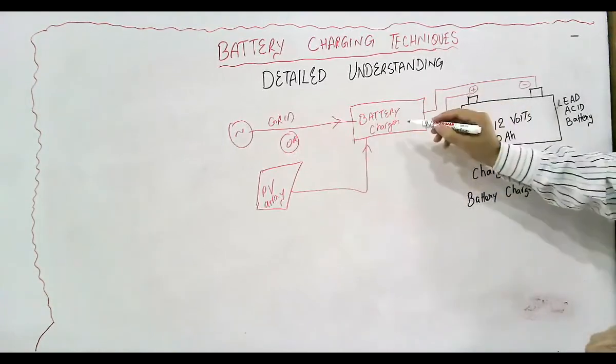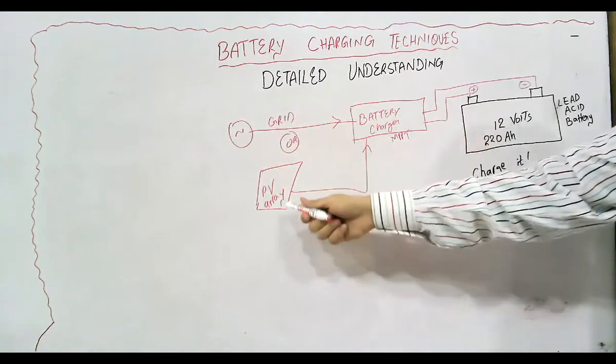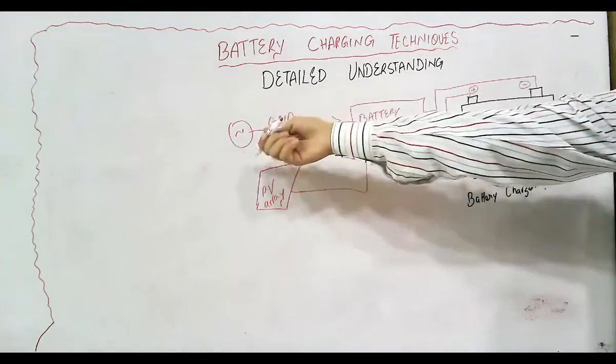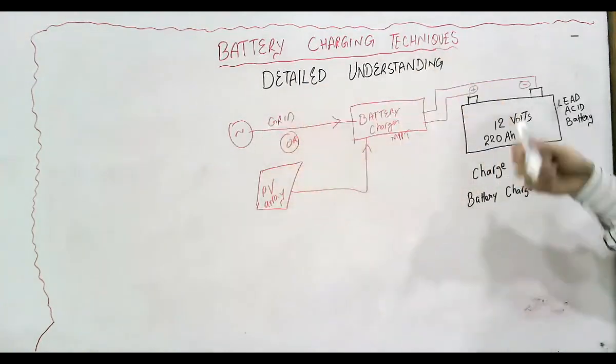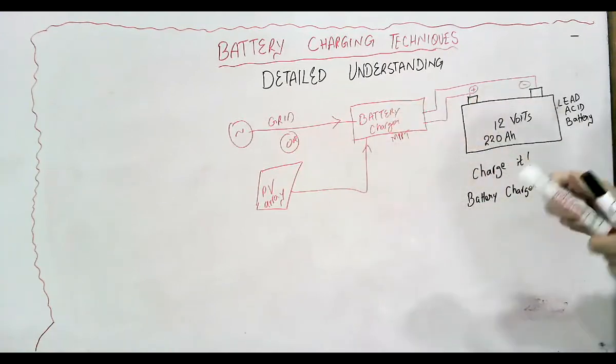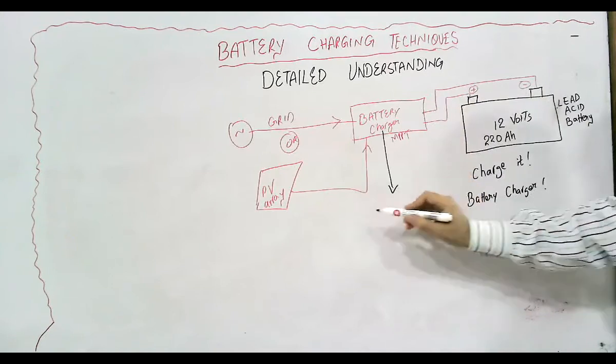Now the battery charger is either a maximum power point tracking charger if it is charging the battery through a PV array, or if it is charging from the grid. Well, whatever the mode it is, we are here going to understand the basic working of this battery charger.